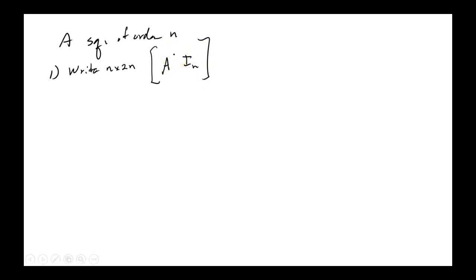It's an adjoint matrix of matrix A, which is n by n, by the identity matrix n by n as well. Okay? So that's what you've got to begin with. This process is called adjoining matrix I to matrix A. That's adjoining the matrices.